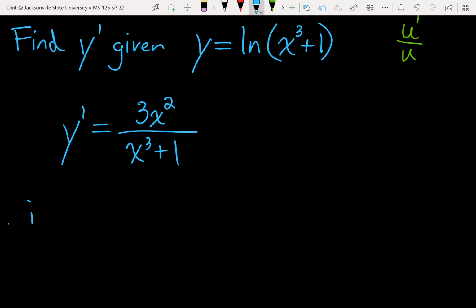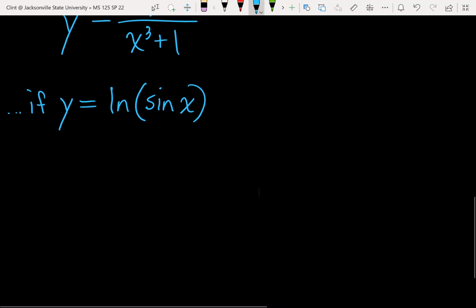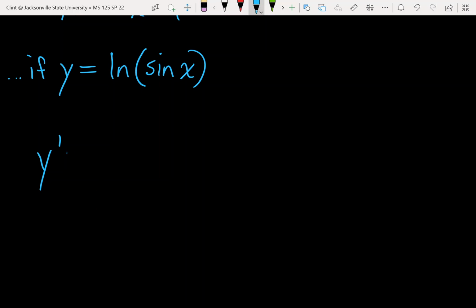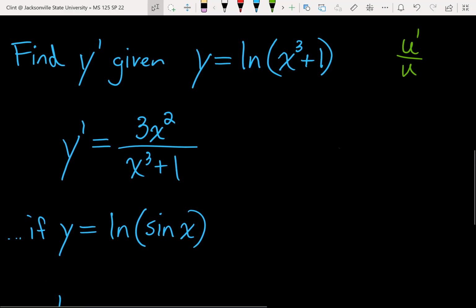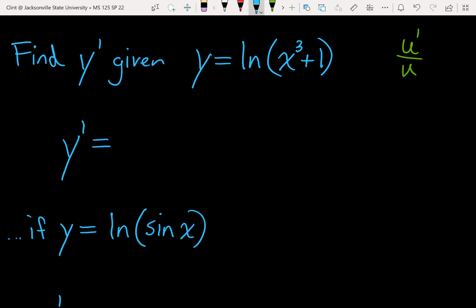Yes, the longer way of writing it out, which I really prefer, would be to say we get 1 over u, so 1 over x cubed plus 1 times 3x squared.